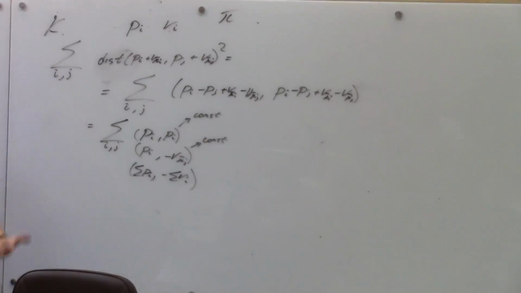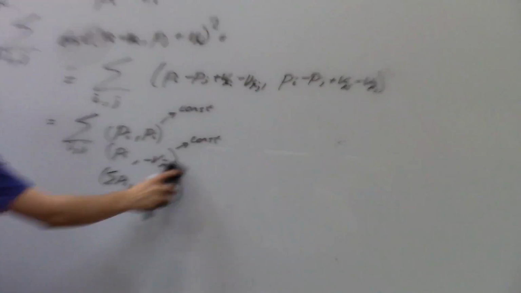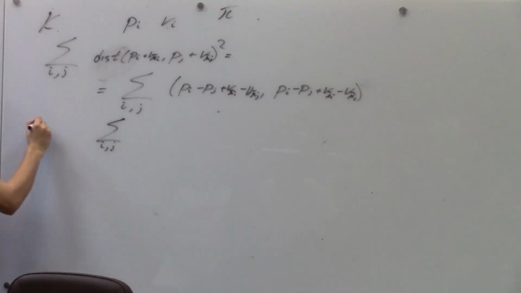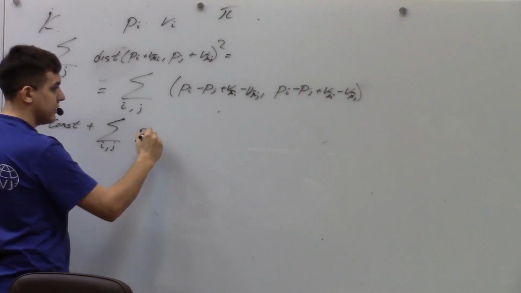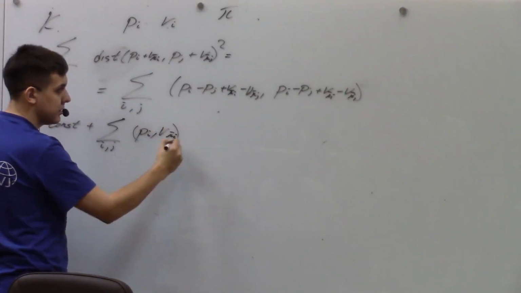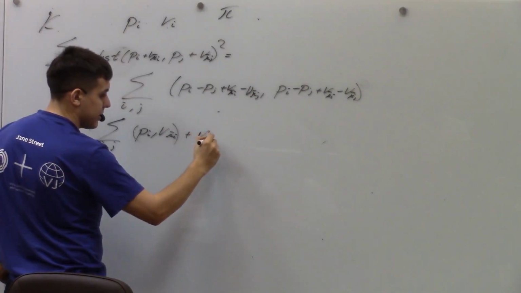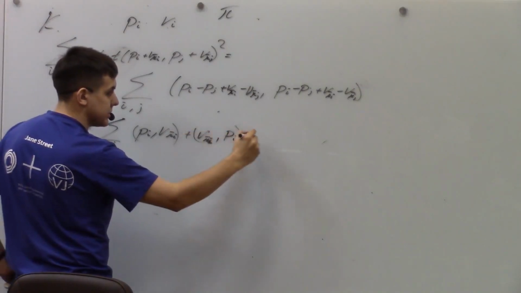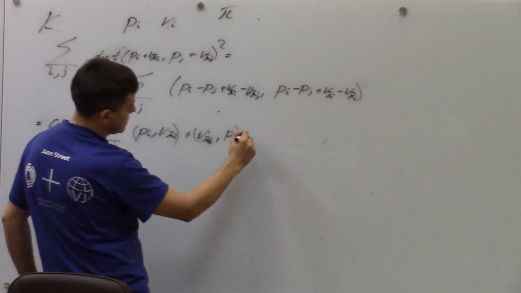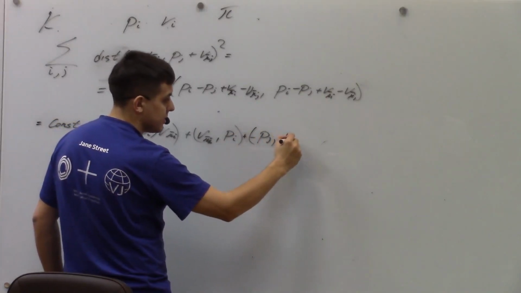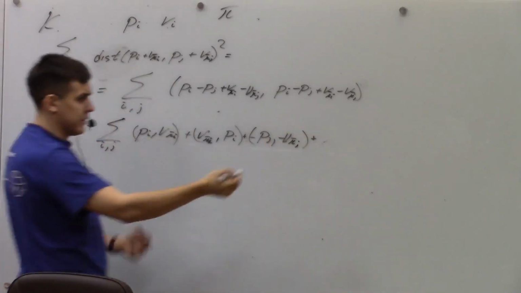The only non-constant terms that depend on this permutation P is, so let me just write const plus, well, there will be pi times v of pi plus v of pi times pi, plus, sorry, minus pj minus v pj, and the other way around.